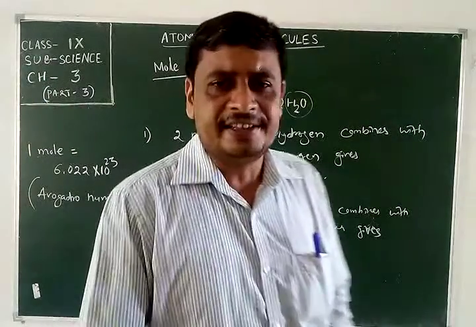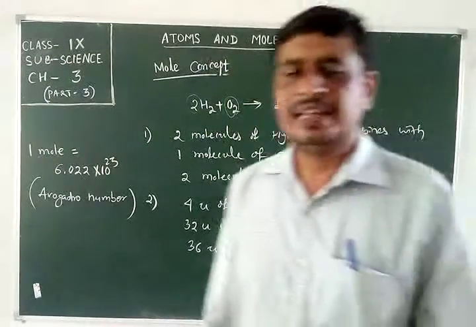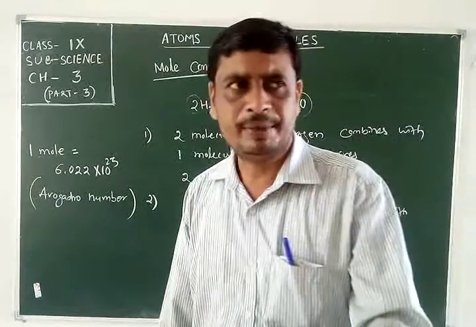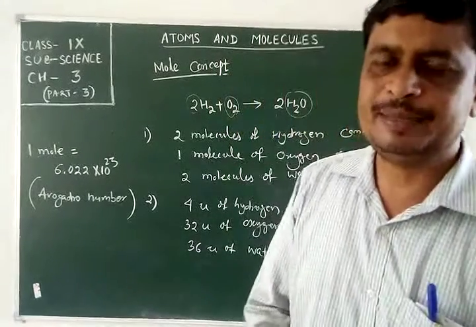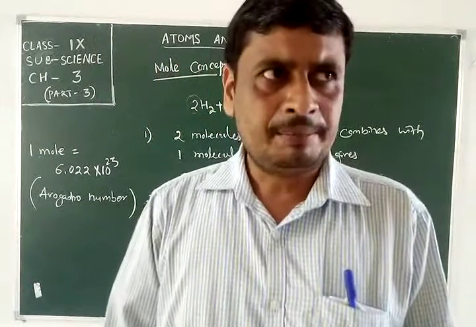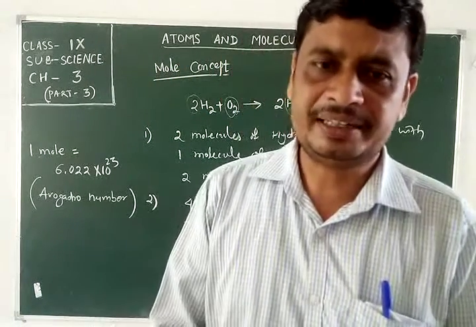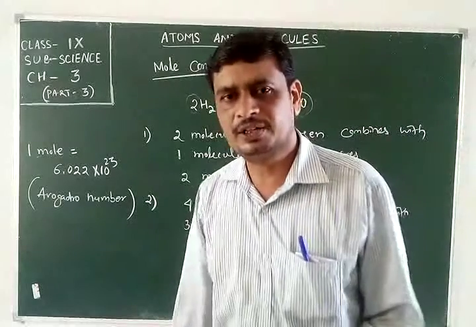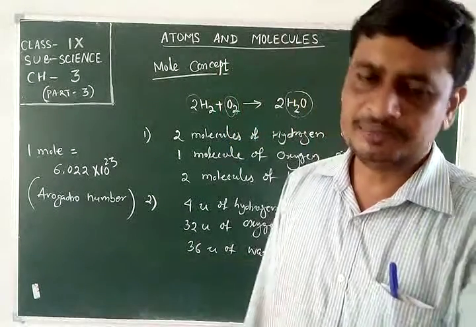It is named after the Italian scientist Amedeo Avogadro. It is fixed for any species, any type of particles. The number of particles is always equal to 6.022 into 10 to the power 23 for 1 mole of that substance.